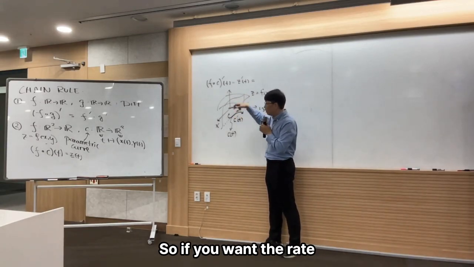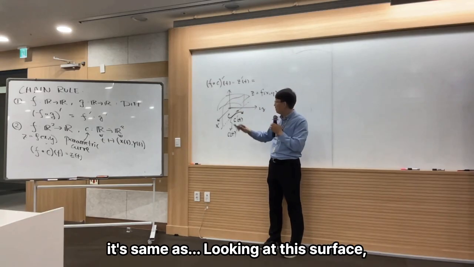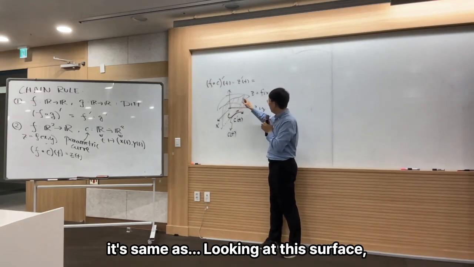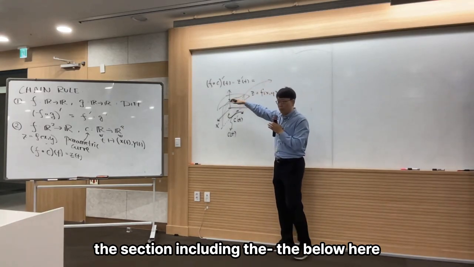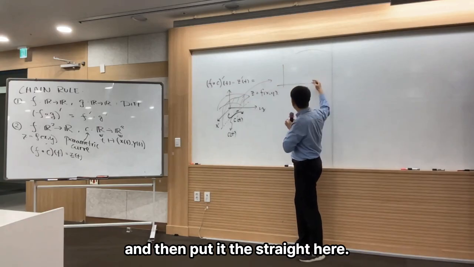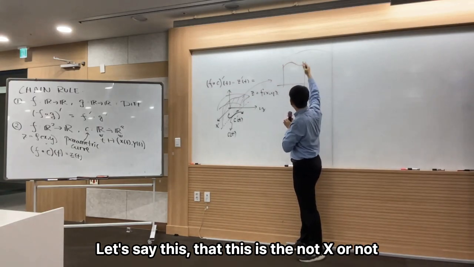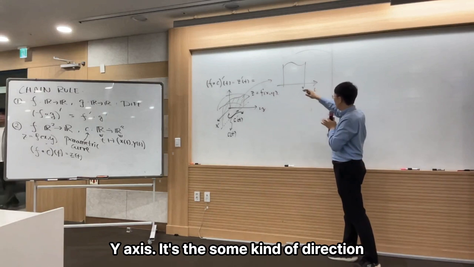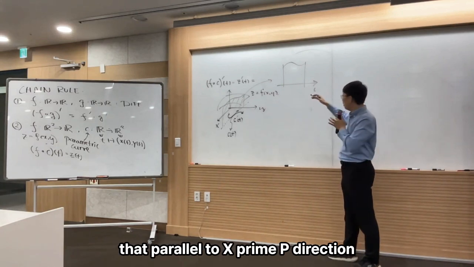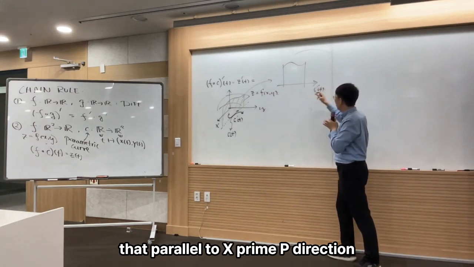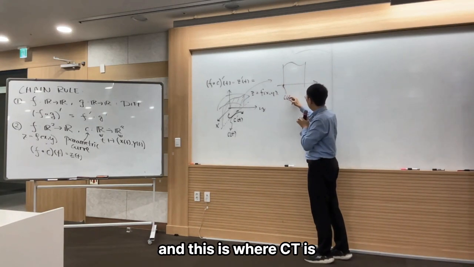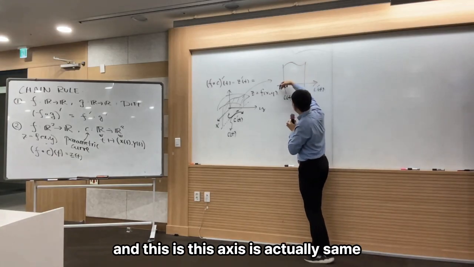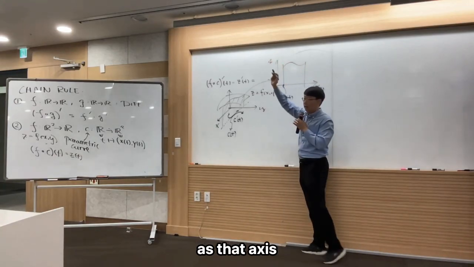The rate of change of height is the same as looking at this section and putting it straight here. This is not the x or y axis, it's some direction parallel to the c prime t direction. This is where c(t) is, and this axis is the same as the z axis.